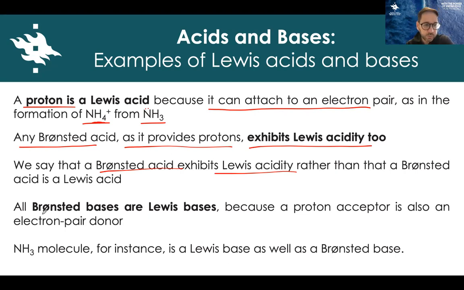So we say that a Bronsted acid exhibits Lewis acidity. And now the same thing for the bases. And the same for the bases, because a species that receives a proton is also an electron pair donor, because to receive the proton, the species has to donate an electron pair. So for example, ammonia is a Lewis base as well as a Bronsted base.